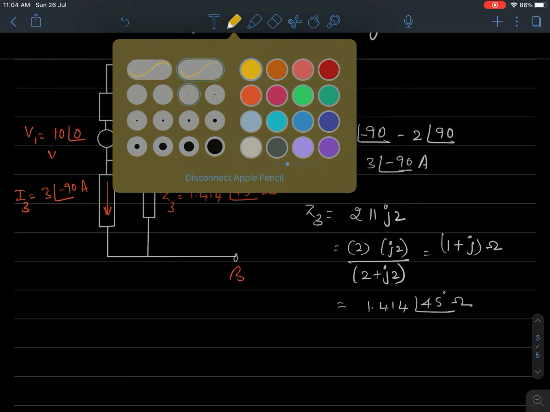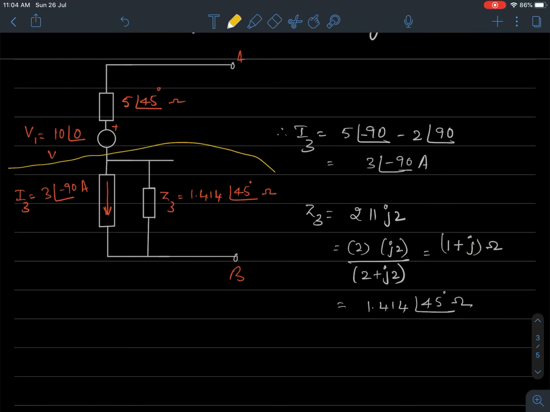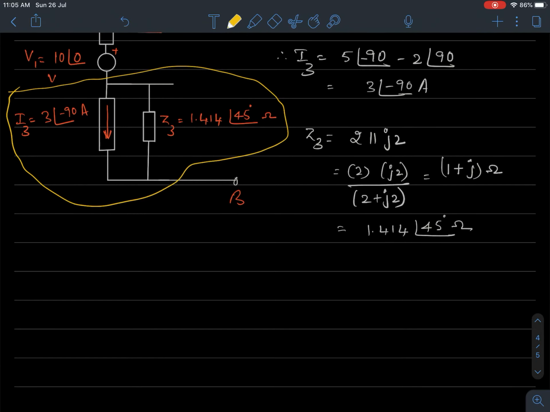We have done so many problems, and practice tells us that this current source has to be converted to its equivalent voltage source, so that V1 comes in series with the new source that we get after conversion, and we can combine the two. Voltages in series get added. So when you have to combine sources in series, you have to have the sources in voltage source form. Then it is easy to add up.